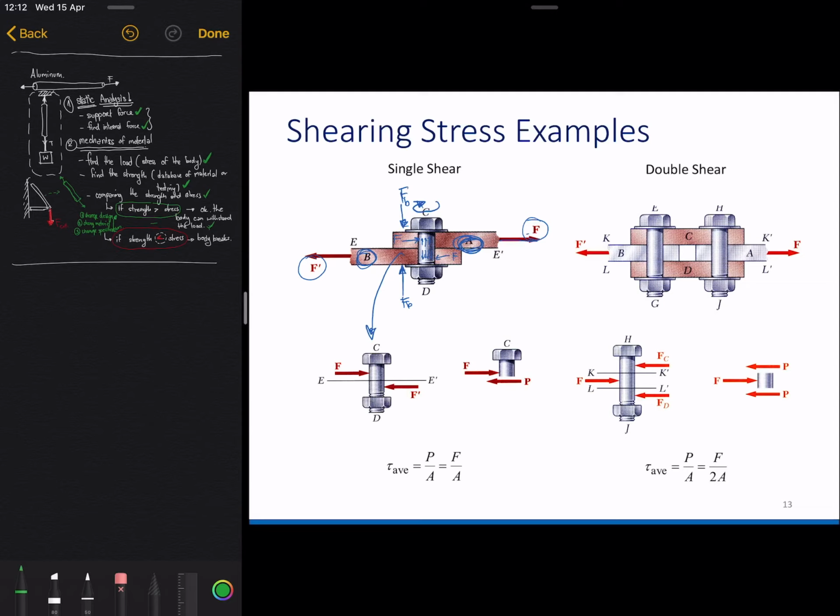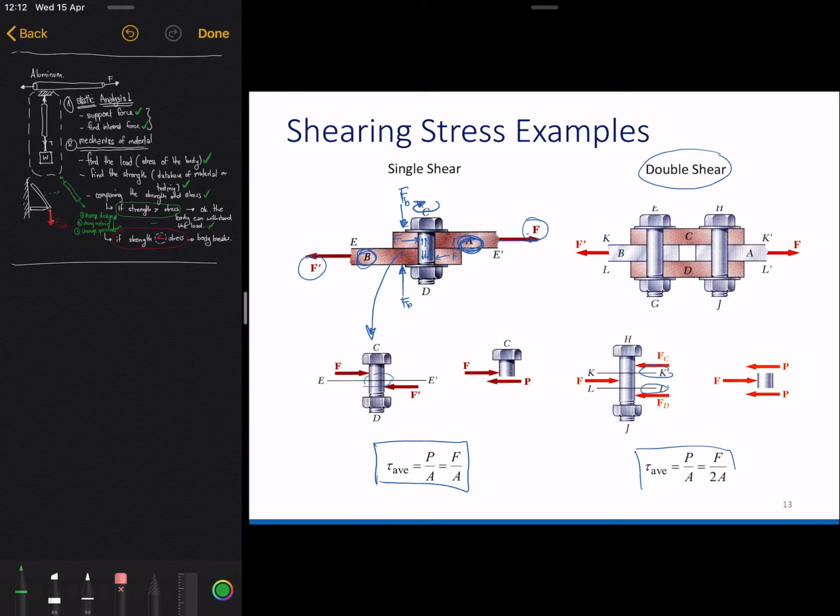And then what is the shear stress? Here is the shear stress. And this is called single shear because you have shear stress at only one location on the bolt. But in this case, we have double shear. We have shear stress acting at two positions on the bolt. But what does it mean here?